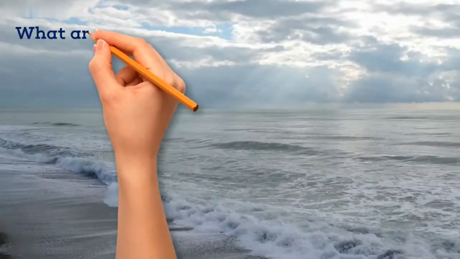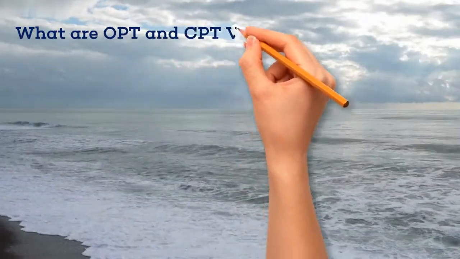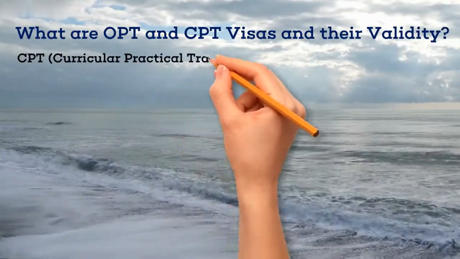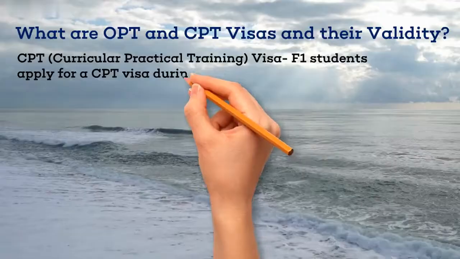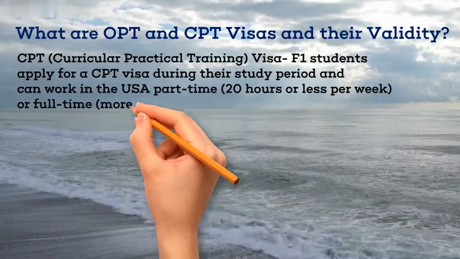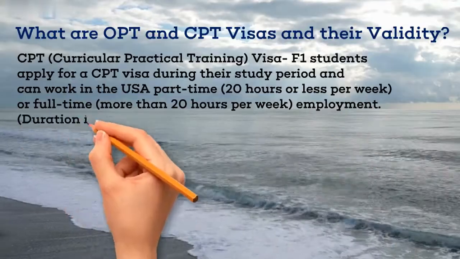Next is, what are OPT and CPT visas and their validity? For CPT, an F1 student can apply for CPT, allowing part-time or full-time employment in the USA for a year.